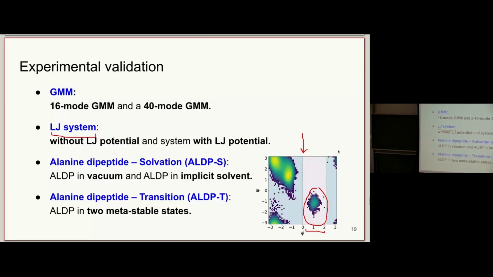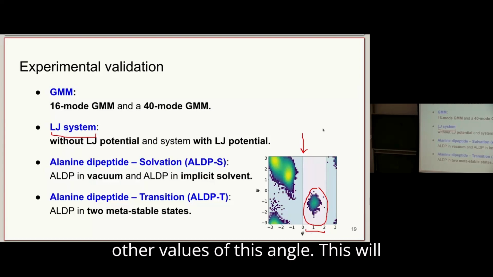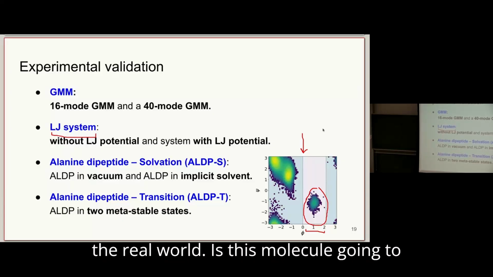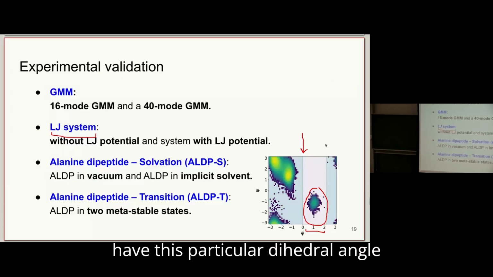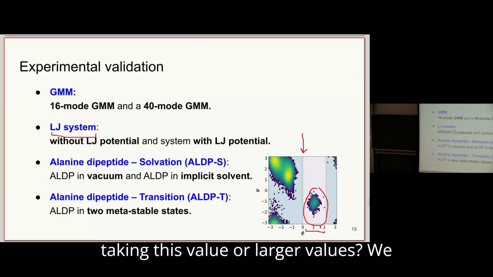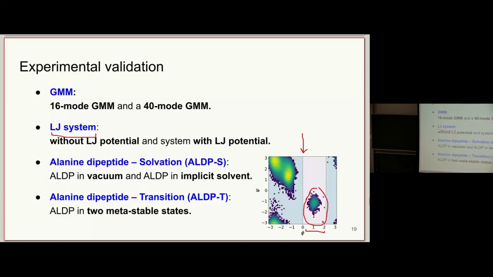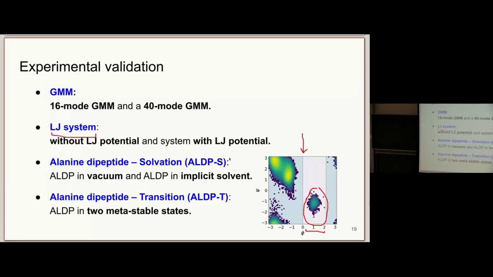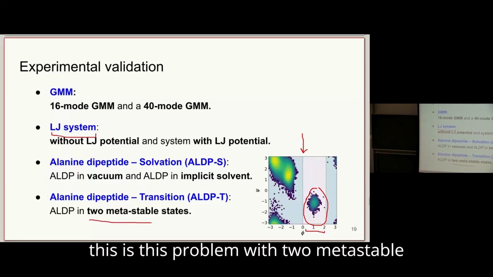And the other state corresponds to other values of this angle. This will tell us what is more likely to happen in the real world. Is this molecule going to have this particular dihedral angle taking this value or larger values? We want to calculate the probability mass for each of these configurations. And this is this problem with two metastable states.